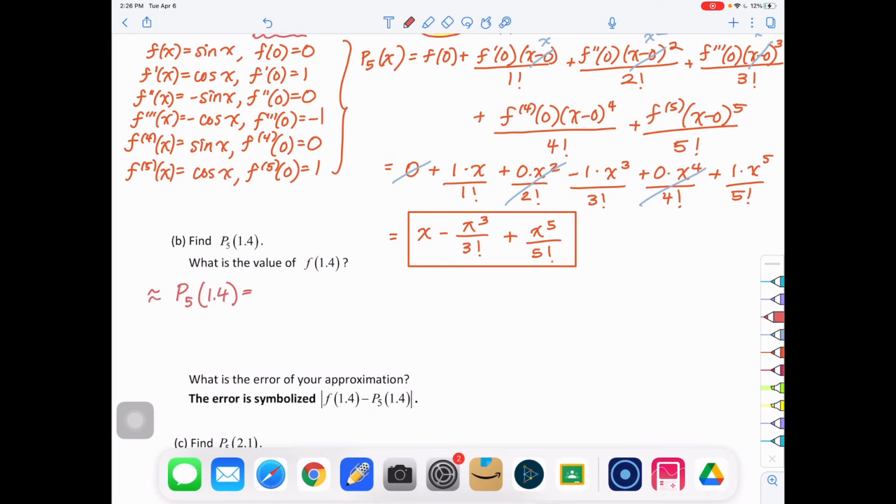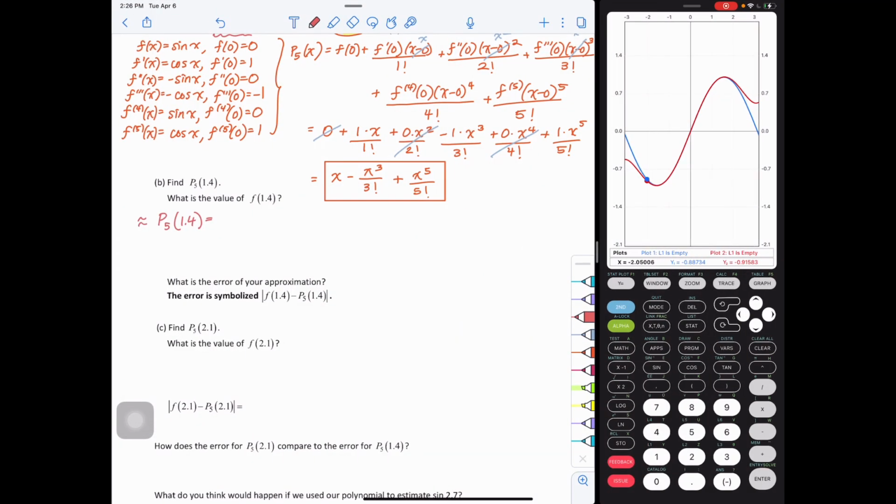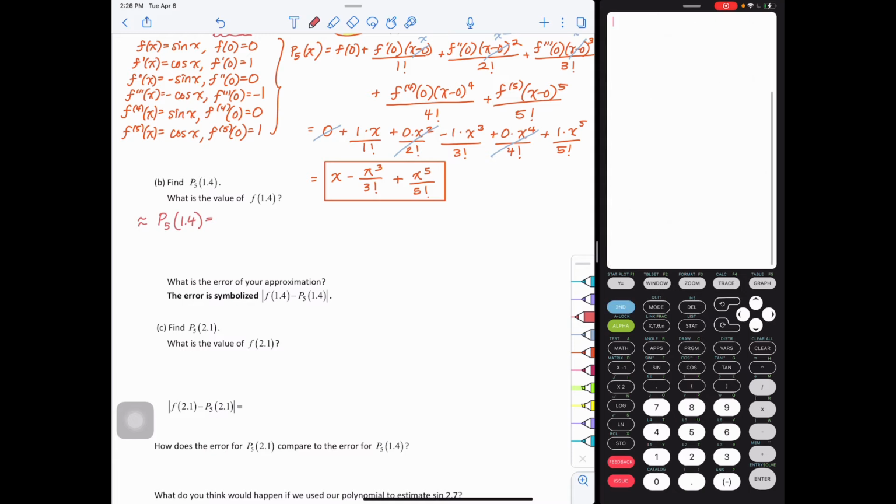And we would have 1.4 minus 1.4 cubed divided by 3 factorial, which is 6, plus 1.4 to the 5th power divided by, and we can do 5 factorial here, 5 math 4.